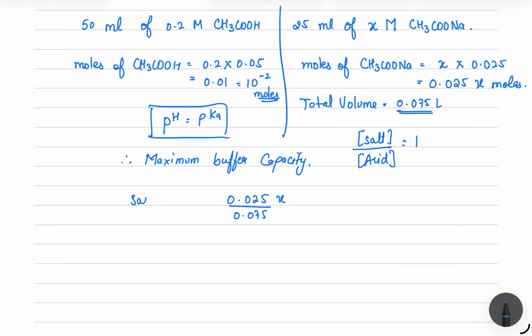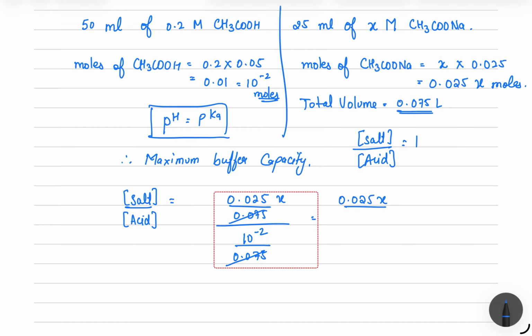Okay, we are doing salt and acid ratio. So upon, now acid is 10 raised to power minus 2 moles divided by total volume 0.075. So this will cancel. You will get 0.025 x divided by 10 raised to power minus 2, that will be equal to 1.